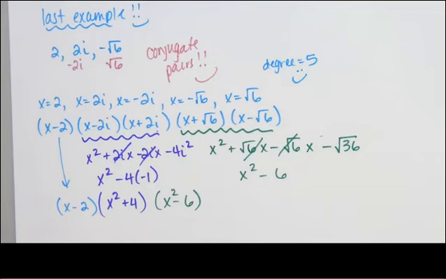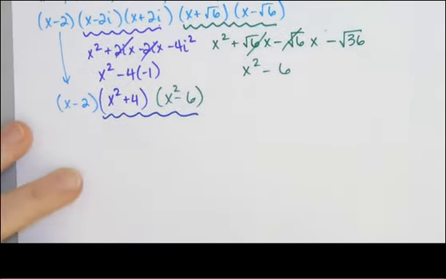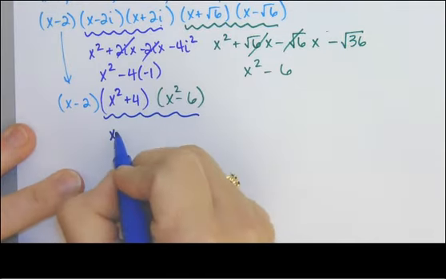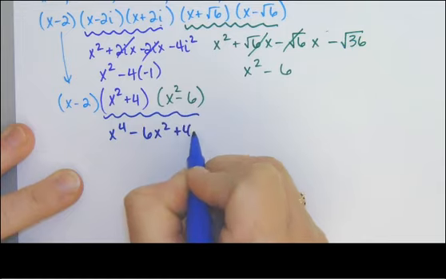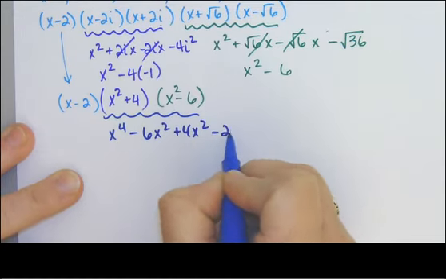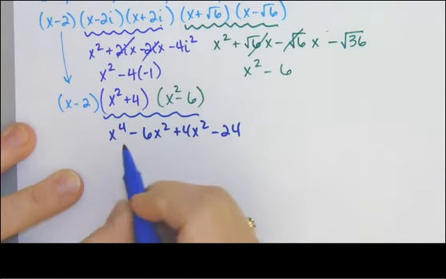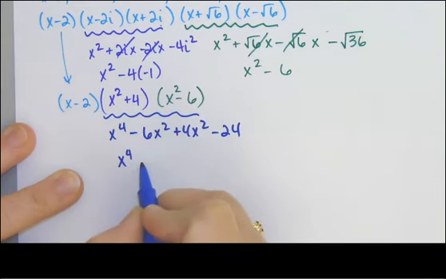Now it's just a matter of FOILing this all out. So I've got, let's see, x squared. I'm going to go ahead and do these two first. So I have x to the 4th minus 6x squared plus 4x squared minus 24. If I'm going too fast with the FOILing, pause it.